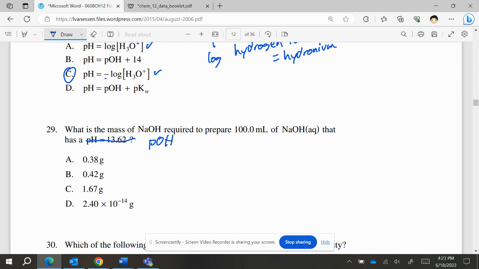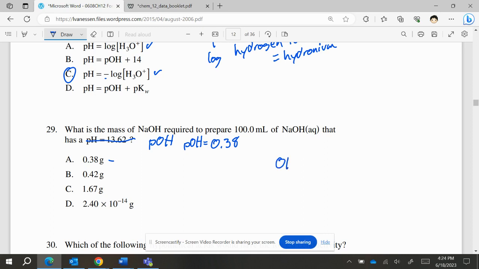The pOH is 14 minus 13.62, which equals 0.38. So 0.38 is my pOH. They conveniently put that there to mess you up, but that's not grams.